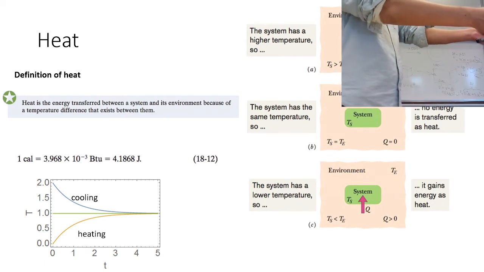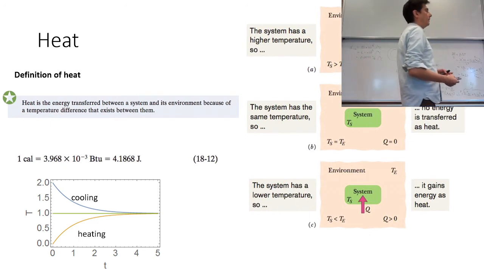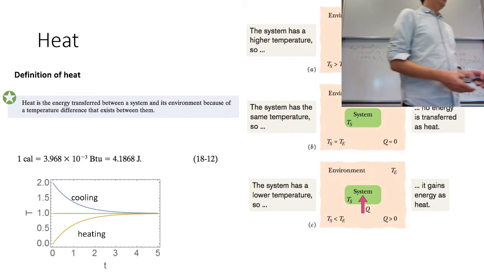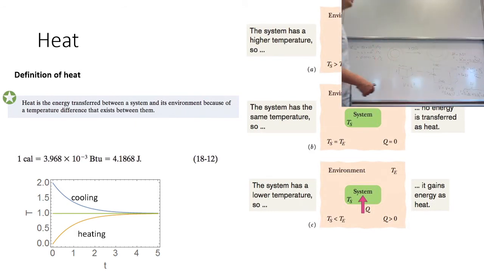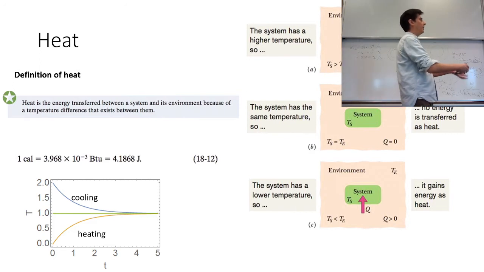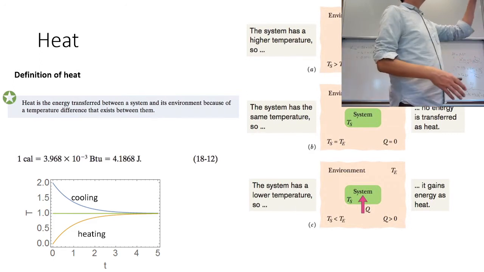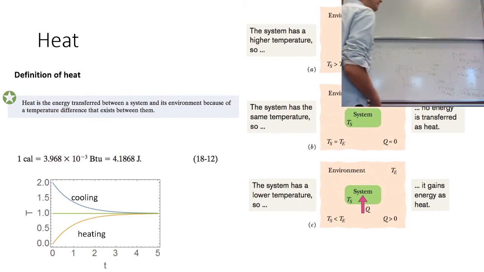So if you've got a hot coffee cup sitting there, it will lose energy. The heat of the system will be transferred out of the coffee cup into the environment, and eventually the temperature will go down to room temperature.